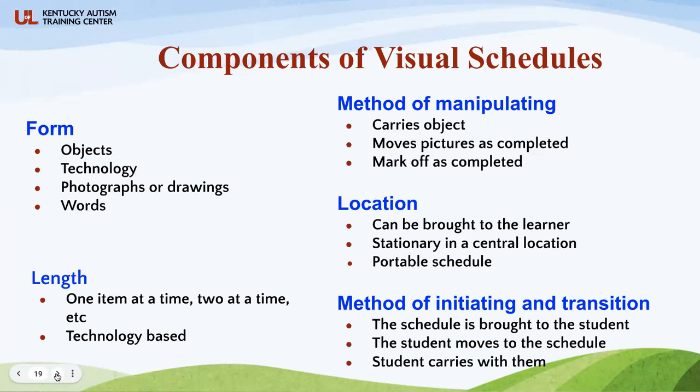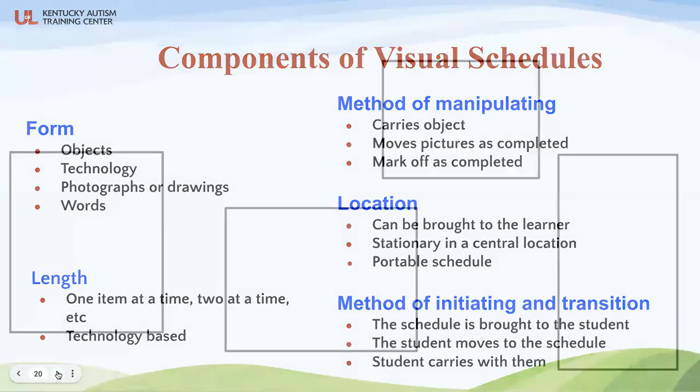Because initiation is very hard if they're not 100% sure of how it works, what words they're supposed to use, all those little details that sometimes we don't think about are that important because we've done it so many times, especially with schedules. But especially for those who are beginning, or beginning a new one in a new setting, they may need that modeling before they're comfortable enough to independently start the schedule themselves.